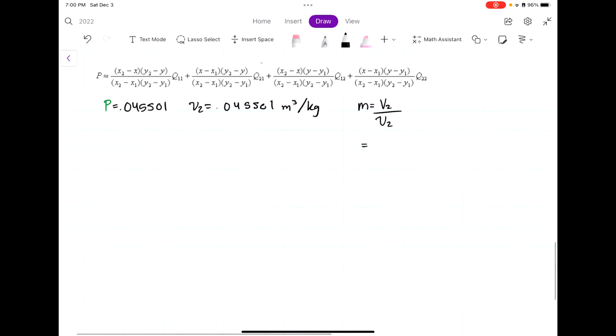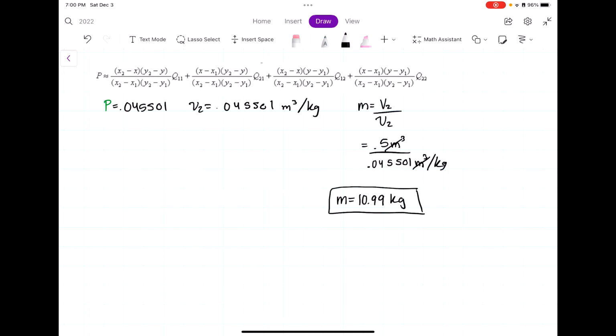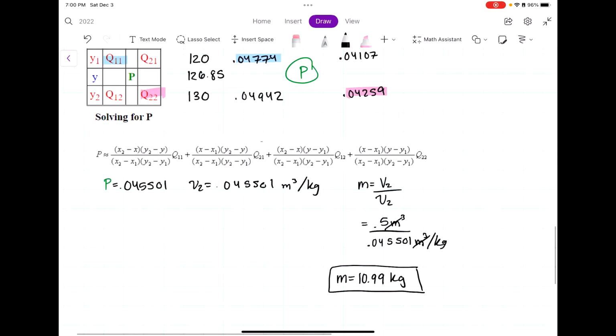So 0.5 meters cubed divided by 0.045501 meters cubed per kilogram will give us the value of 10.99. So the amount of propane that is in that vessel is 10.99 kilograms. Yep. That was it for this problem.